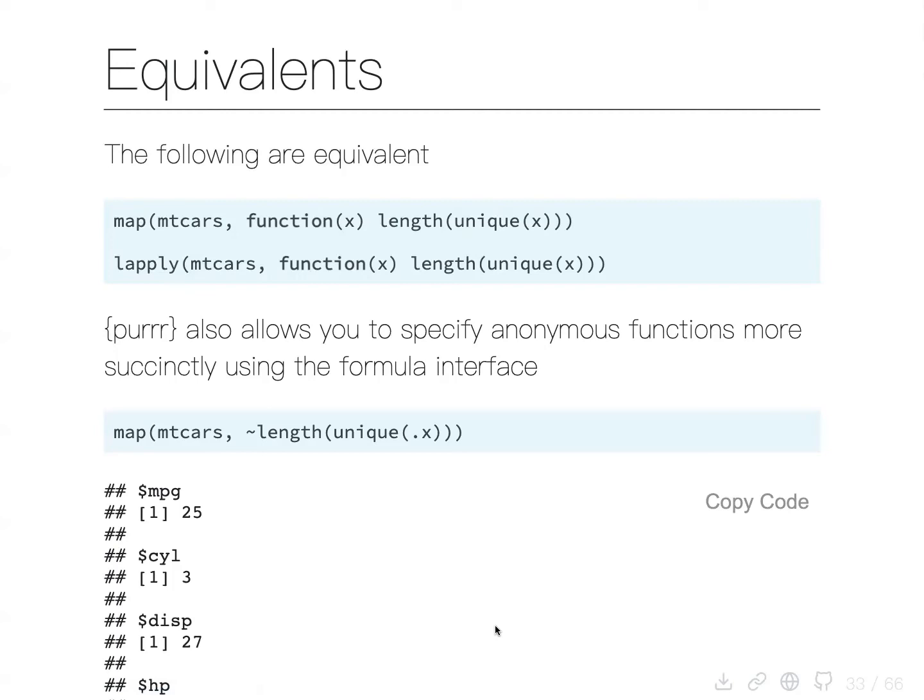That's a little more compact. So within map, we can use the tilde, just like in a formula. And that tilde basically takes the place of function x. Then when we go into the actual function that we're writing, we can use .x as our placeholder for the thing that we're looping over.